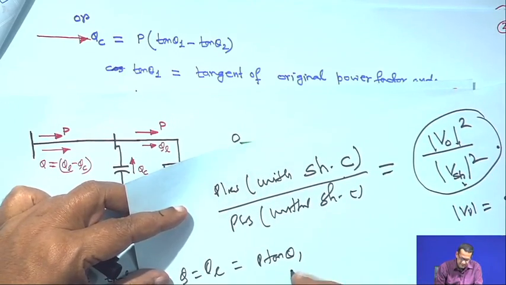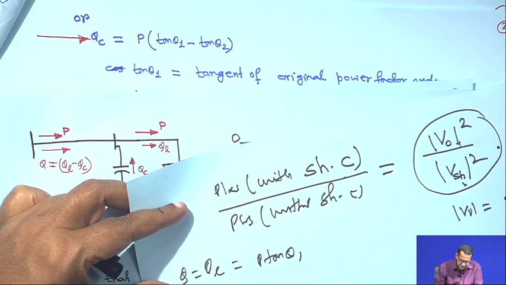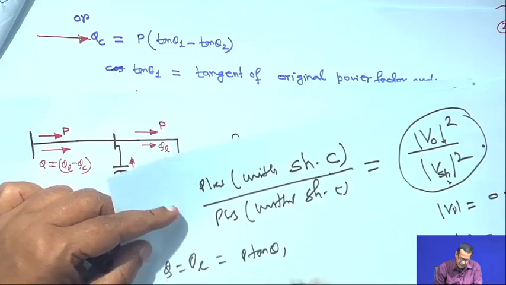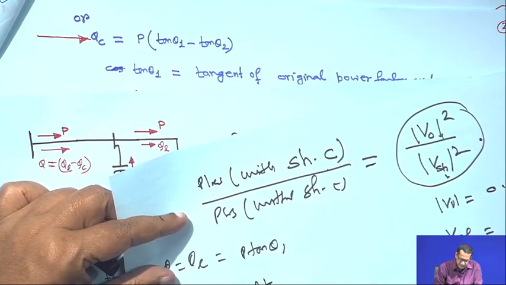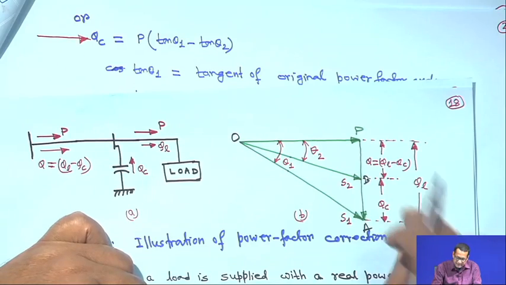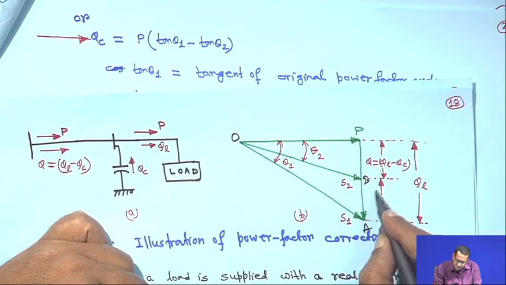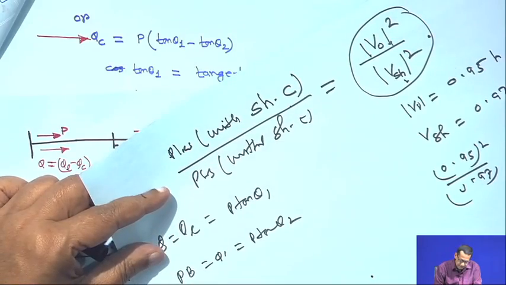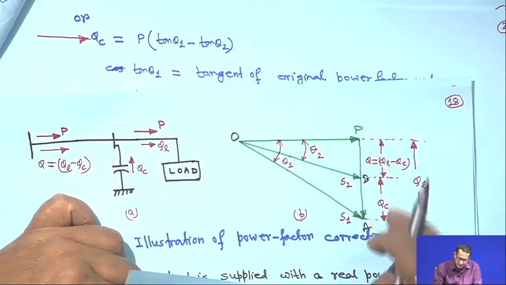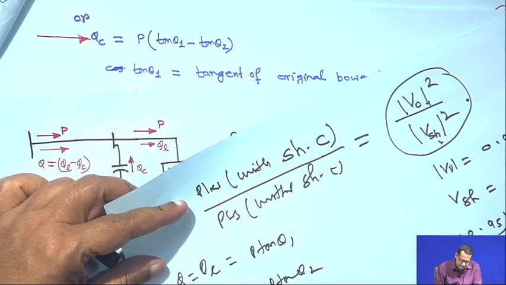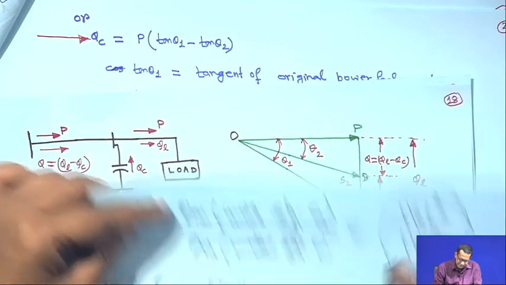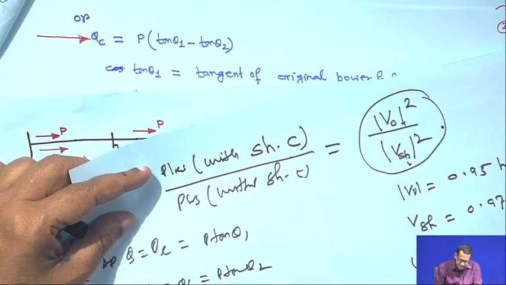So, suppose this is Q equal to P tan theta 1 and PB is equal to Q dash, that is P tan theta 2, but this AB is actually equal to QC in this diagram. Therefore, AB is equal to AP minus PB.